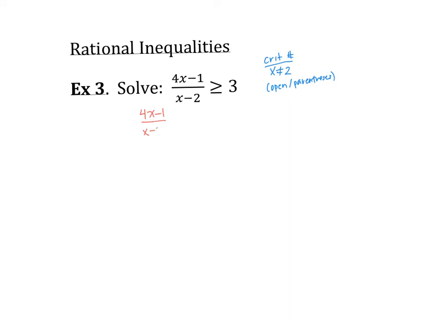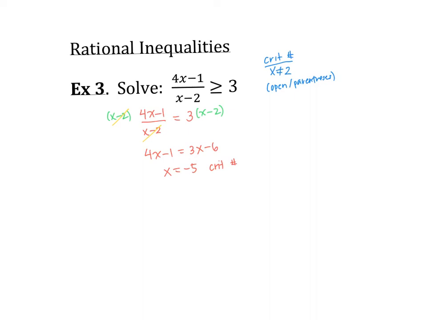Okay, I do change it to an equal sign because once I start multiplying by x minus 2 on both sides, I'm going to invalidate the inequality because I don't know if x minus 2 is a positive or a negative, and it actually depends. Okay, let's solve this. X equals -5. Okay, this is my last critical number then.